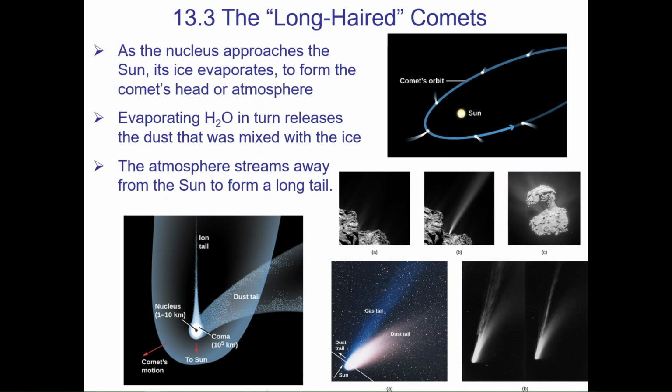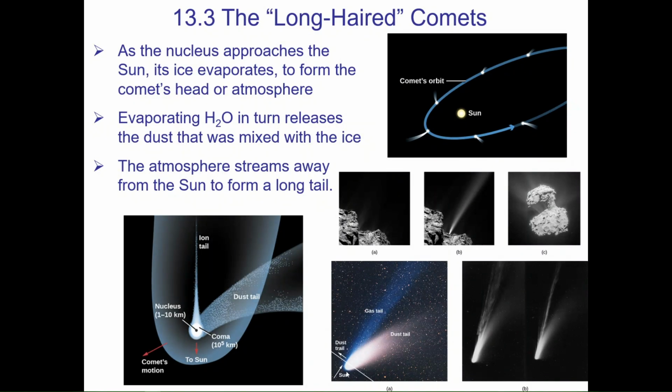And you can see the reason why comets have a large tail. If you think about planets or moons that have thick atmospheres, such as Venus, Earth, or Titan, due to their large gravity, they are able to keep their atmosphere around.